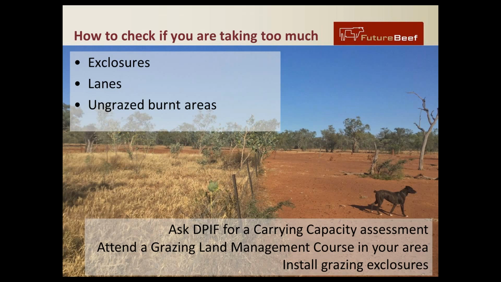If you have lanes on your station that were used last year but haven't been utilised yet, or you have ungrazed areas that were burnt previously, as in the end of last year, you can use the size of those plants as an indicator in comparison to the plants out in the paddock as an indication of how much has been utilised.